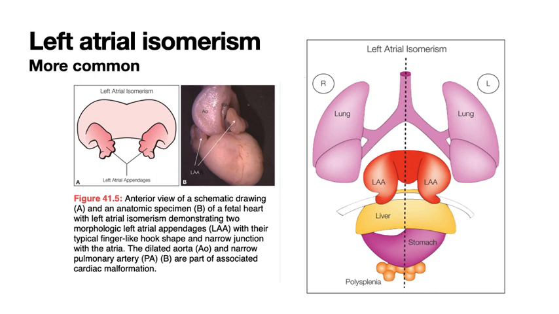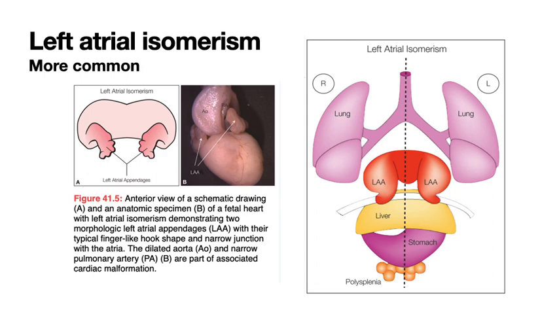But the way they tend to characterize these problems with left and right-sidedness, these heterotaxies, is left atrial isomerism or right atrial isomerism. So isomerism: a mer is a unit and iso means the same.